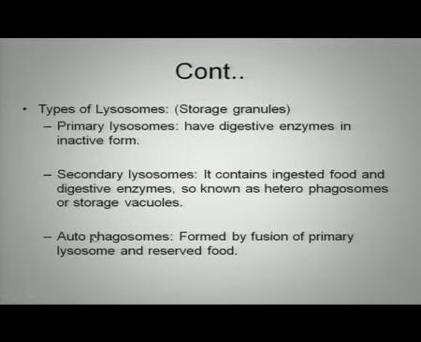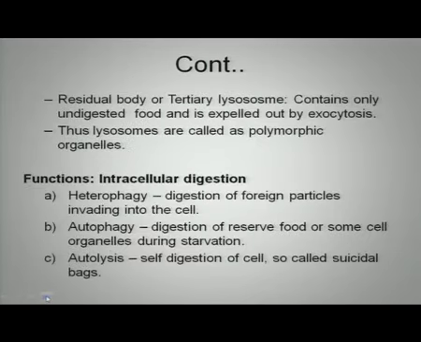Now, the third one, that is known as autophagosomes. It is formed by the fusion of primary lysosome and the reserved food molecule. The fourth type of lysosome, known as residual body or tertiary lysosome.